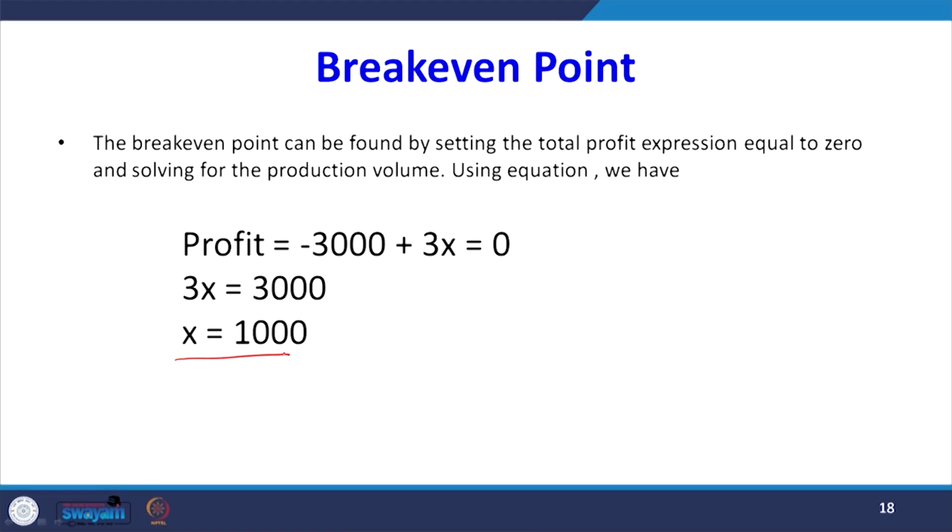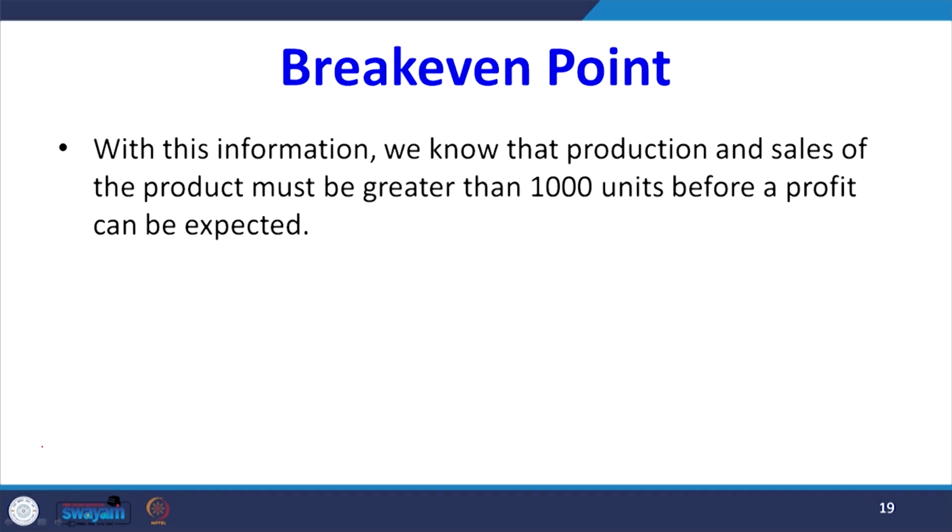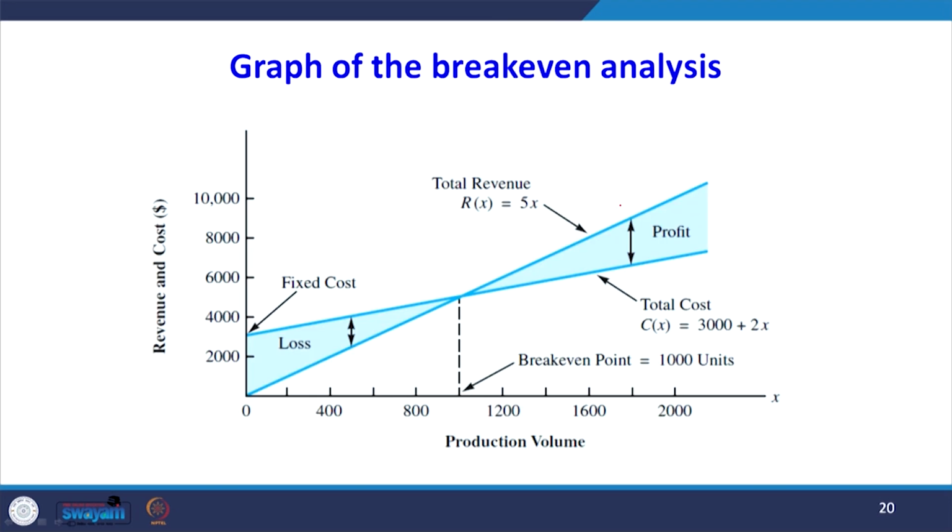So, after 1000 units, you will start to earn the profit. With this information, we know that the production and sales of a product must be greater than 1000 units before a profit can be expected.